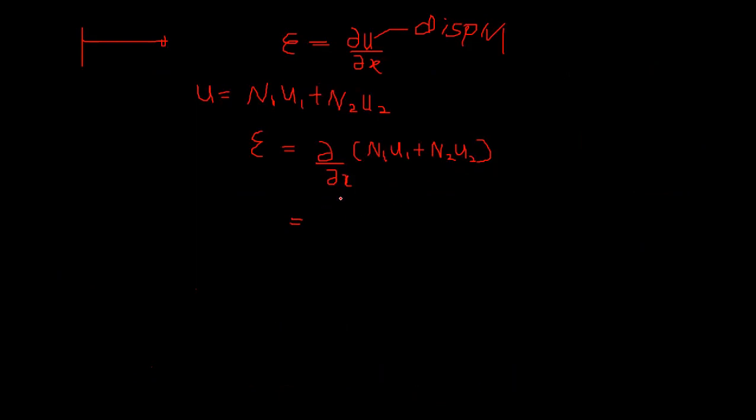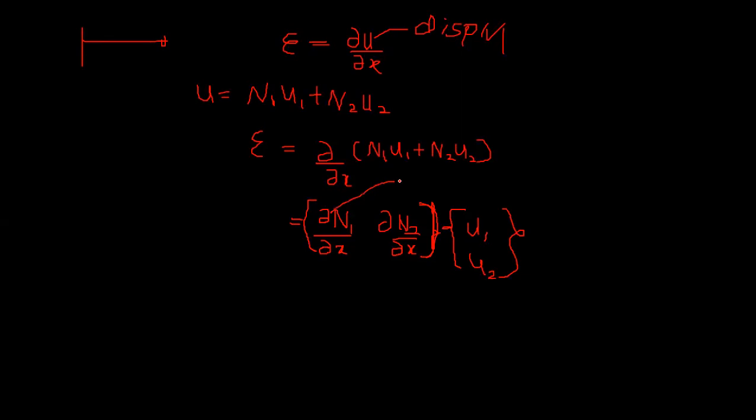So you can write this in matrix form. ∂N over ∂x. So this U1 is a constant, right? U1 is a constant. You can write this in matrix form, ∂N over ∂x into U1, U2.